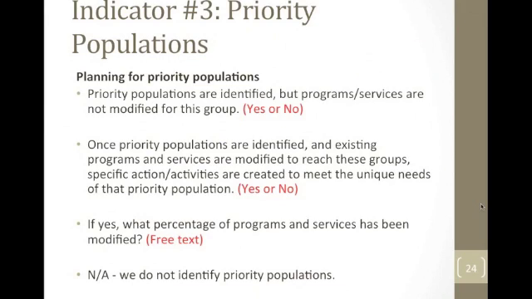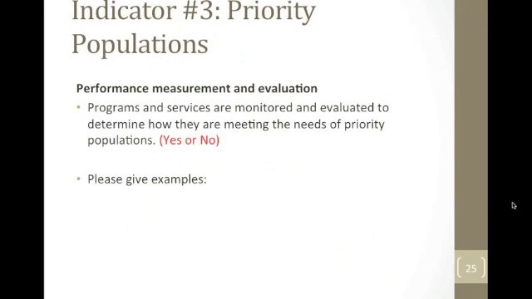And then we also want to get a sense of how much programs change to meet and tailor the needs of specific populations. Next slide. And the last slide is really closing the loop in terms of whether not only is there planning and identification, but whether priority populations and their health outcomes or needs are monitored or evaluated in terms of looking at actual reduced health inequities or levels of services across priority populations.